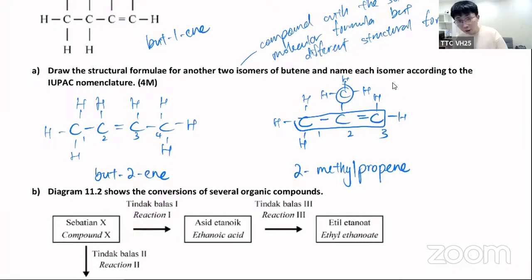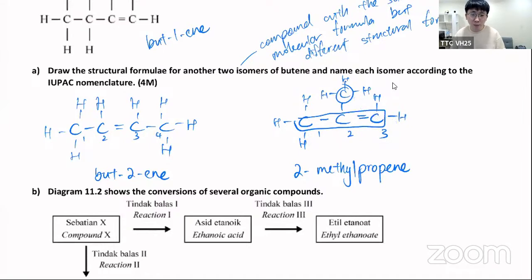I want a tail that is disconnected from the continuous chain. Continuous chain means you can connect continuously. So this is like 1, 2, 3, 4. If you put it here, you can still go 1, 2, 3, 4. Do you see it's still connected? But this one is not connected. You see it's 1, 2, 3, but the 3 cannot go here. There's no connection between 3 and this carbon.